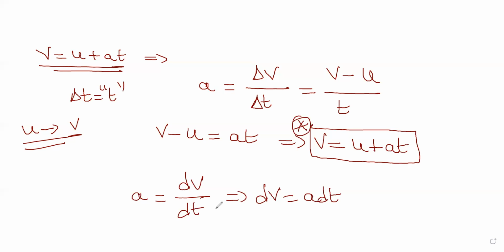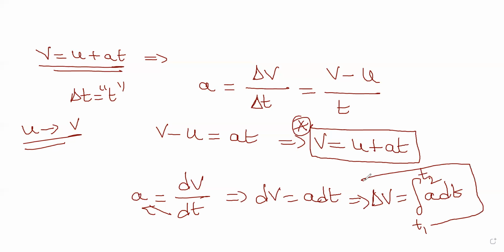Like this you can write. And again, if you want a change in velocity, delta v happens to be integral a dt, from the time t1 to t2. These equations can be used when you don't have the constant acceleration. So our agenda is now to derive the equations for the constant acceleration. Let us concentrate on that particular point and then solve the equations.